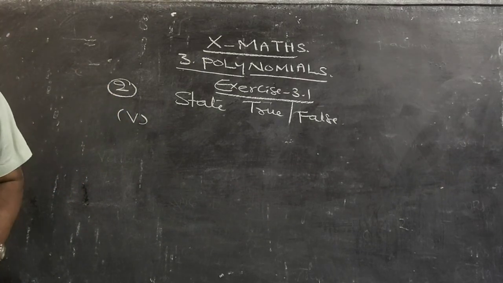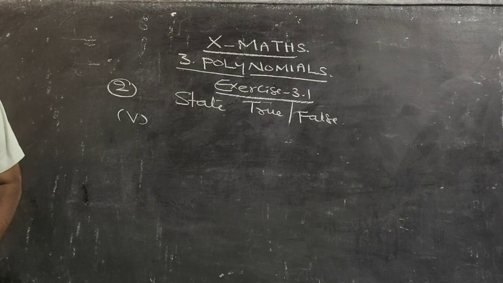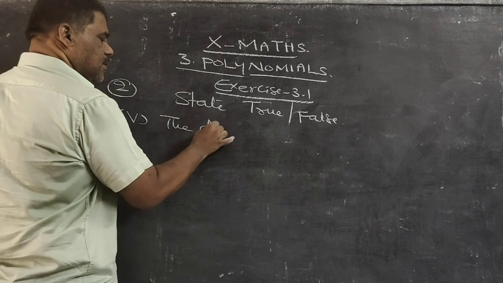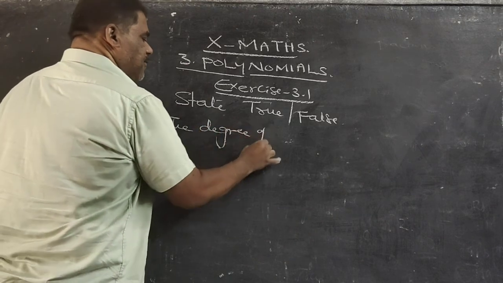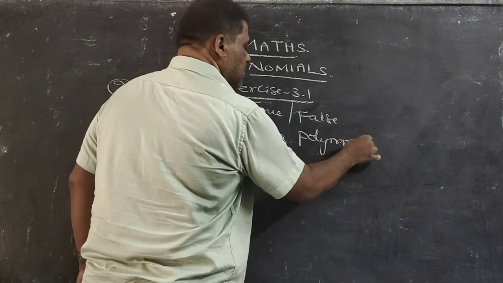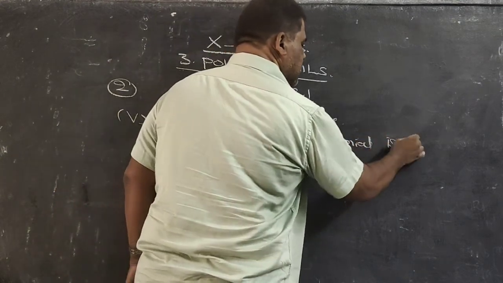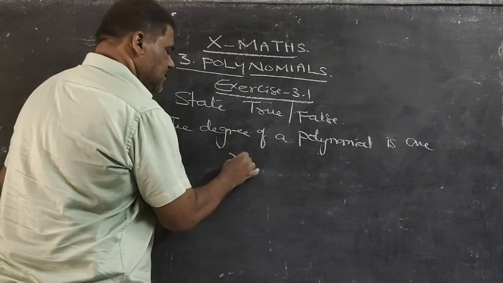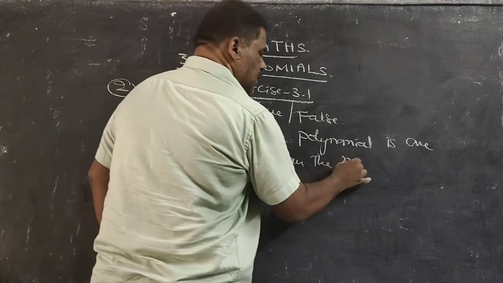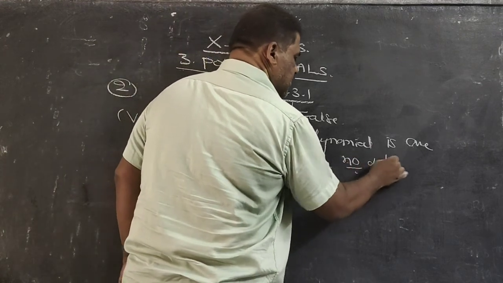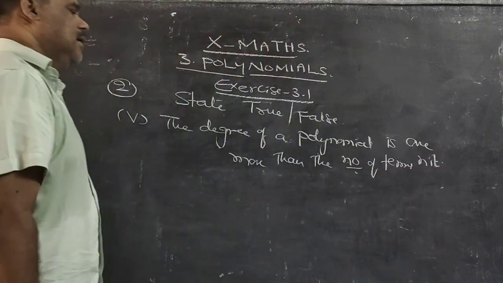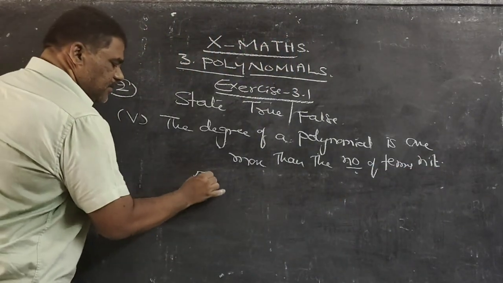Now the fifth bit: the degree of a polynomial is 1 more than the number of terms in it. Let us consider one example.